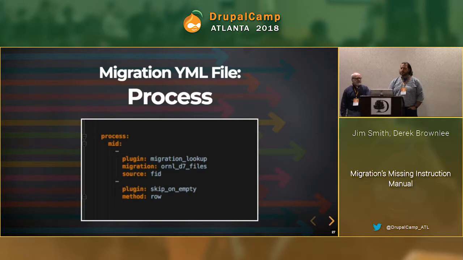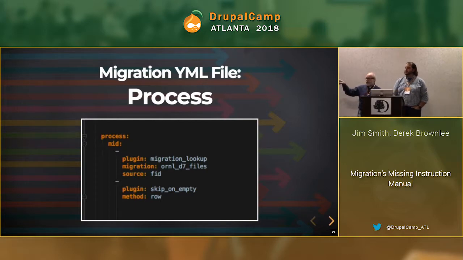So this is what the section of the YAML file looks like for the process. In this case, we're chaining a migration lookup, which is, as I said earlier, where you have to run some migrations first before you can run others. In here, we've already migrated some files, and now we're going to convert that into a media entity.